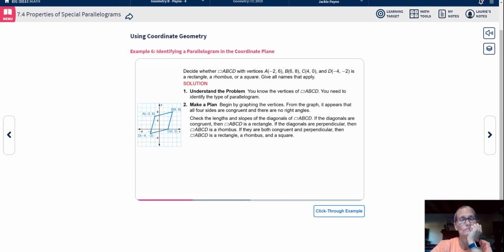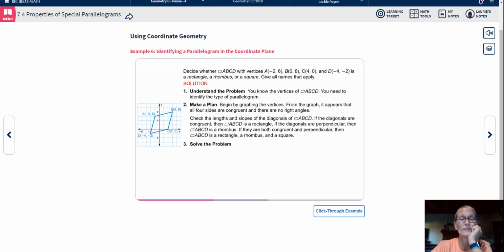If the diagonals are congruent, then parallelogram ABCD is a rectangle. If the diagonals are perpendicular, then it is a rhombus. If they are both congruent and perpendicular, then it is a rectangle, a rhombus, and a square.